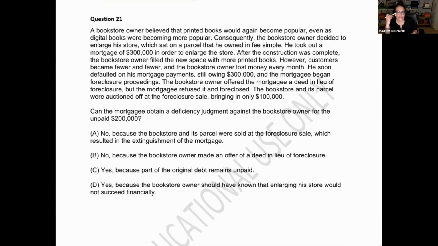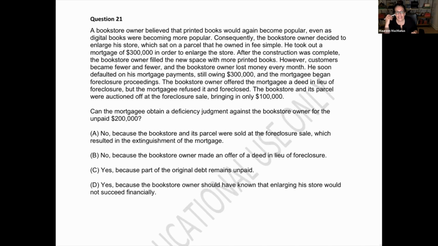A bookstore owner believed that printed books would again become popular, even as digital books were becoming more popular. Consequently, the bookstore owner decided to enlarge his store, which sat on a parcel that he owned in fee simple. He took out a mortgage of $300,000 in order to enlarge the store. After the construction was complete, the bookstore owner filled the new space with more printed books. However, customers became fewer and fewer, and the bookstore owner lost money each month.